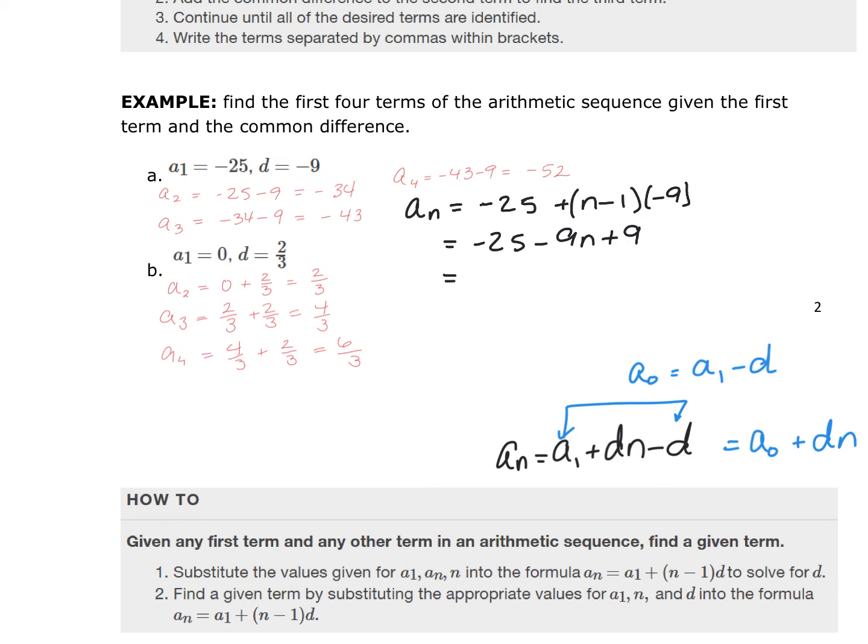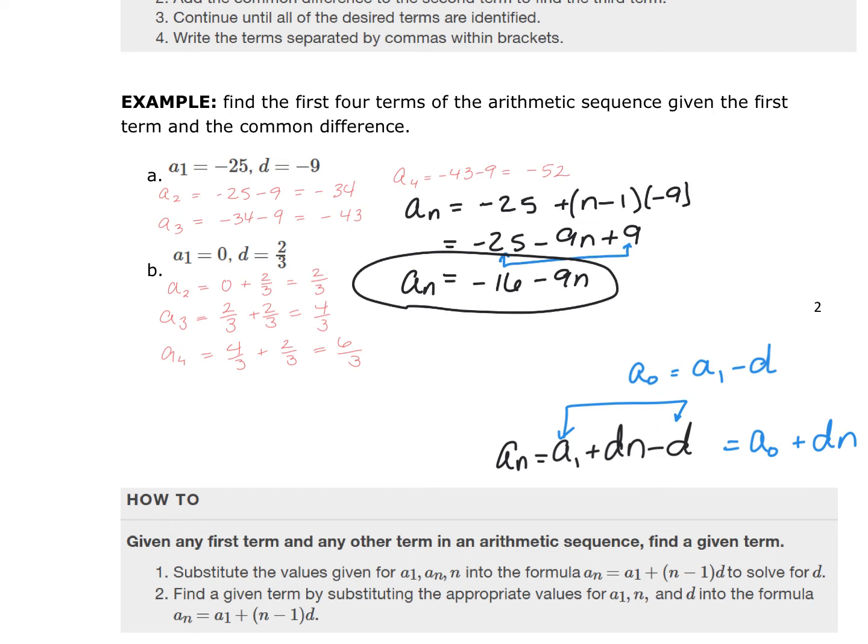So this is where my a sub naught comes from. It comes from these two. I'm going to take the -25 and subtract off d. So in other words, I'm going to subtract off a -9, so that's why it becomes a +9. And so that number becomes -16 minus 9n. So now I have a nice condensed closed or explicit formula, and I can jump to any term I want. If I want the 10th term, all I have to do is put 10 in for n, and I can tell you what my 10th term is.